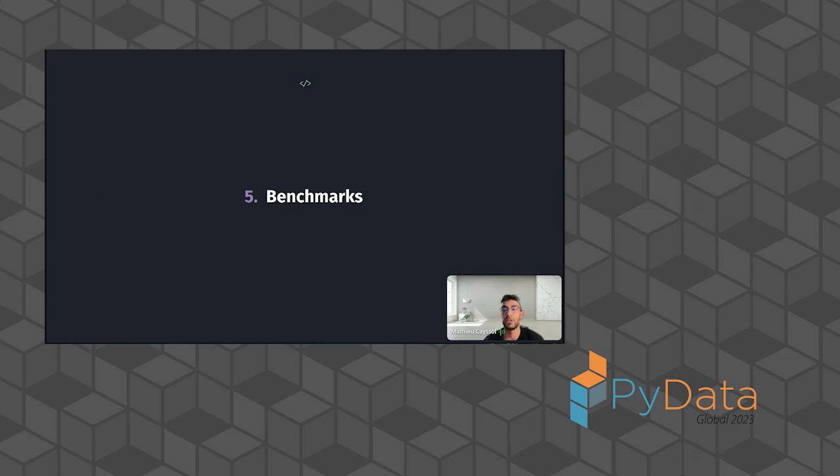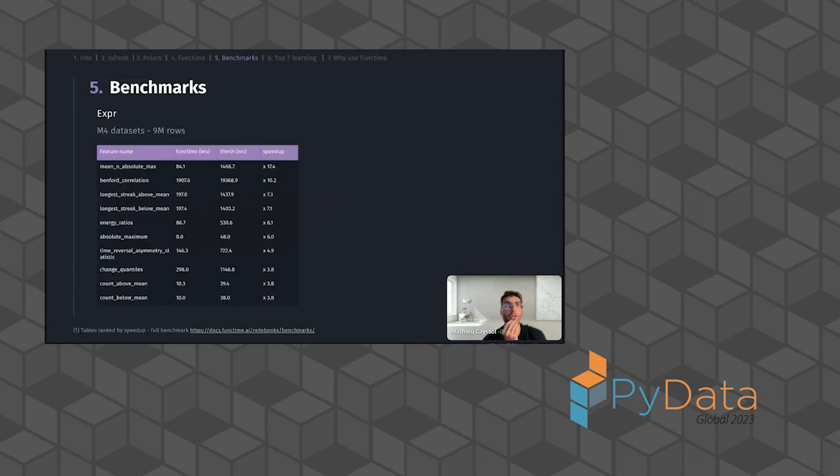Okay, now that I've shown this quick code example, I will explain a little bit the benchmark we did. We wanted to compare tsfresh leveraging Pandas versus functime leveraging Polars. The first one we did was to compare the performance of a single feature without any context.